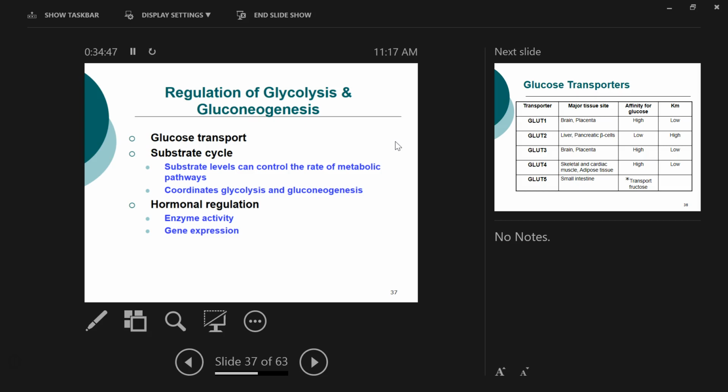When you regulate enzyme activity, then you can control the whole pathway activity. I just want to give you a general idea. And I want to mention again that hormonal regulation usually regulates enzyme activities and also regulates enzyme concentrations or gene expression.